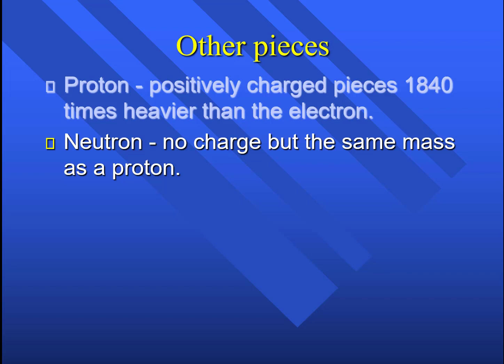And those pieces are in the nucleus. So the heavy pieces are all in the small spot, and the light piece fills up most of the space. Most of the volume is taken up by electrons. Most of the weight, most of the mass, is in the middle of the nucleus.